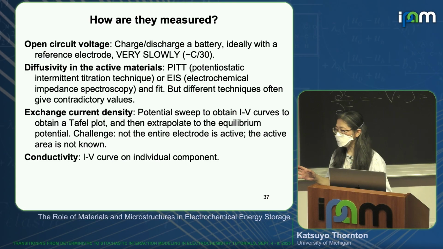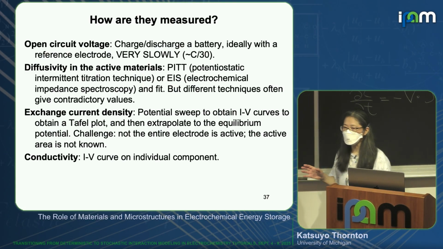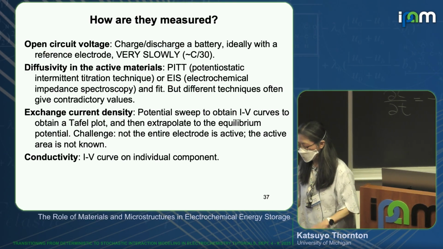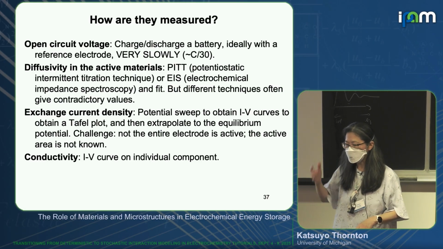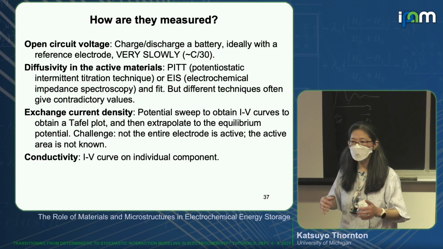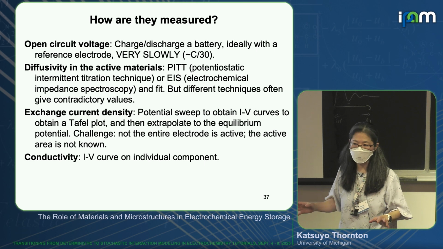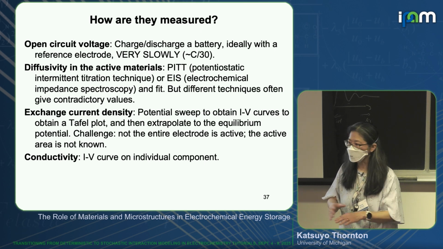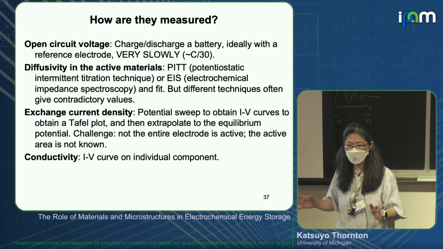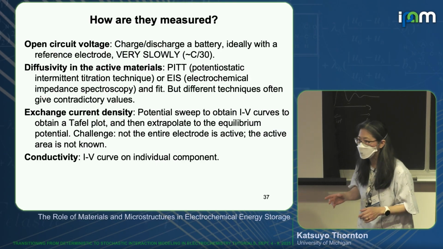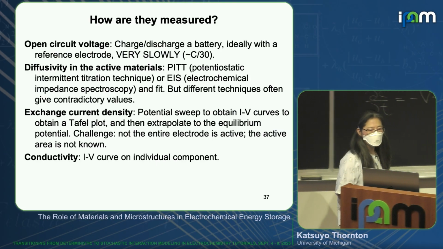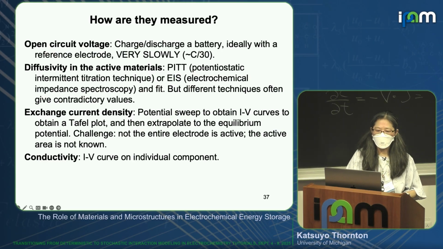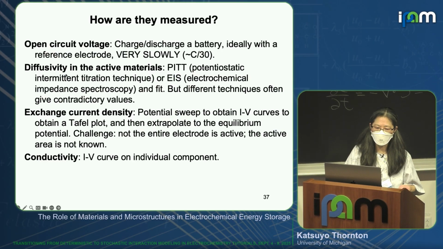I forgot to mention what C/30 means: it means charge or discharge over 30 hours. So it's a long time, and for the experimenters to run something like that takes a long time. So that's open circuit voltage, the measure of thermodynamics.